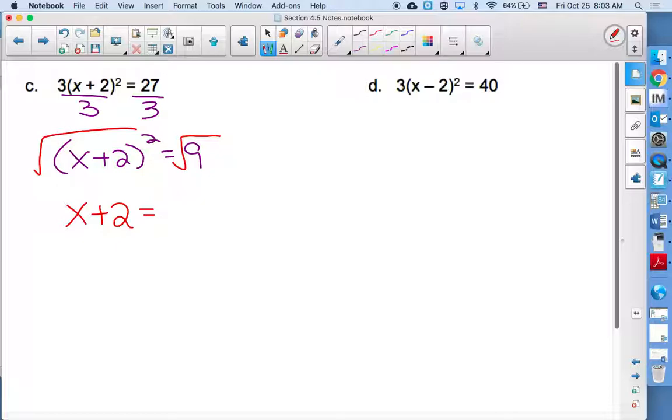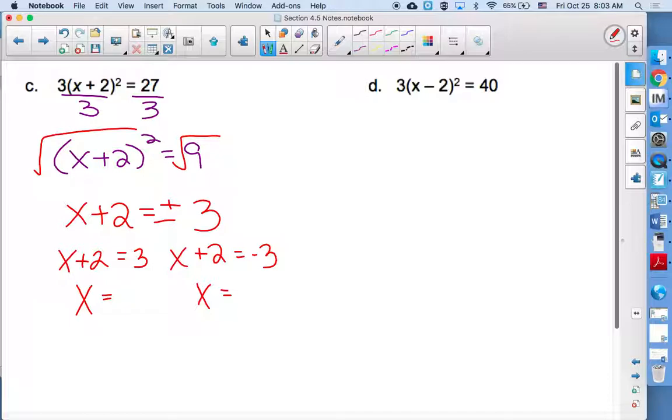Brady, the square root of 9 is 3, but also plus or minus 3. Oops, that was supposed to be plus or minus. So you should get 2 answers, Brady. And I think you have them flipped.